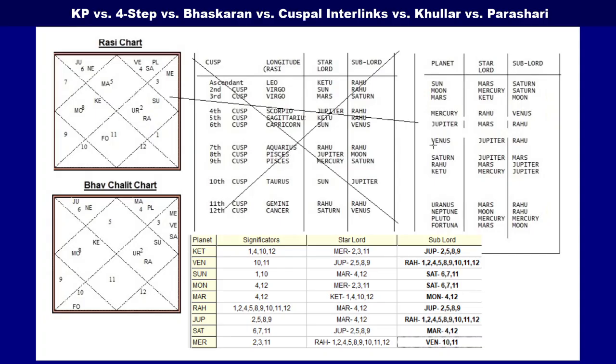You will get a pretty good result. KP is a good solid methodology, and it has that kind of flexibility. Having an accurate birth time is always good, but if you don't have it, or if you have a doubt, then you can just ignore the cusp and just make use of the planet, star lord, and the sublord.